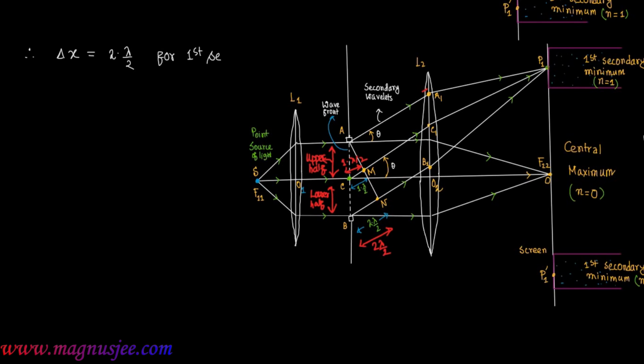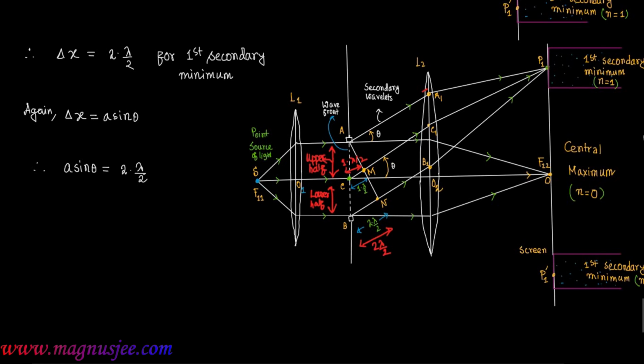Therefore delta x is equal to 2 lambda by 2 for first secondary minimum. This is the path difference between two extreme secondary wavelets BB1 and AA1. Again delta x is equal to a sin theta. Therefore a sin theta is equal to 2 lambda by 2.